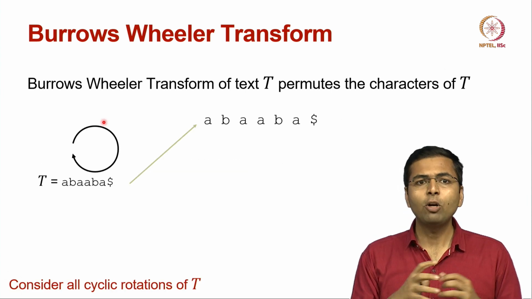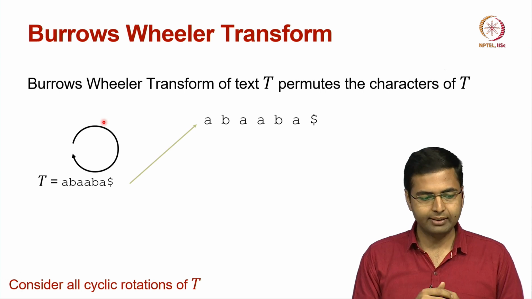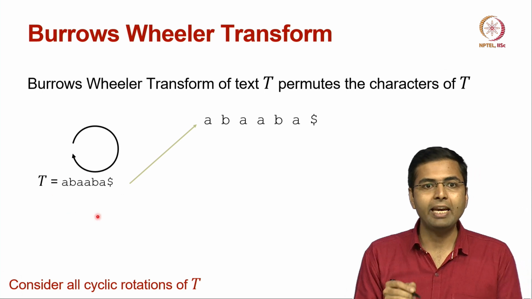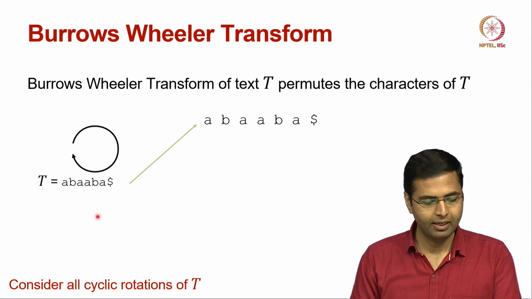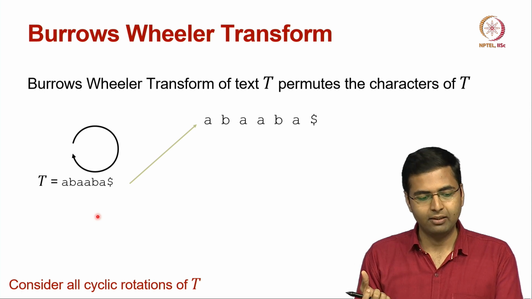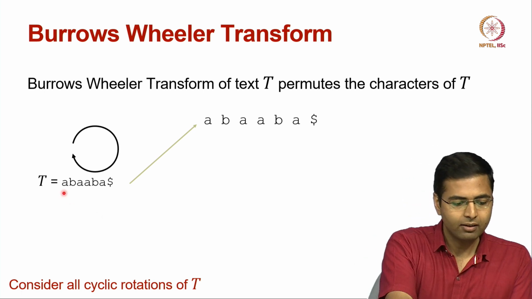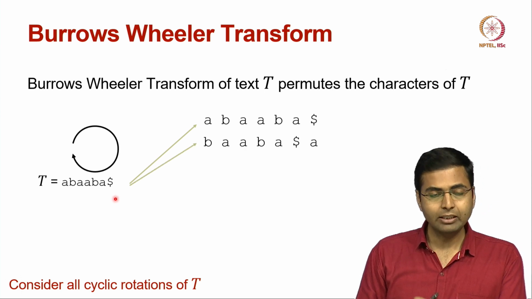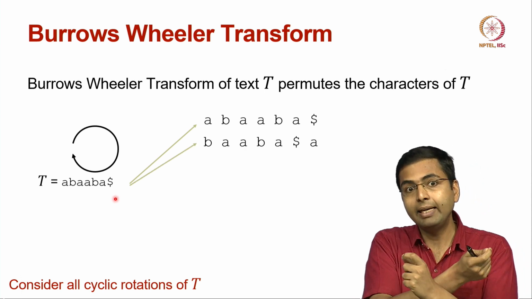To see how Burrows-Wheeler transform permutes the characters, let us understand it in the following way. Let us take the text T as an example. So this is example A B A dollar. Let us consider all cyclic rotations of this text. For example, one rotation is the text itself. Then for the next rotation I will rotate this text by 1 cyclically.